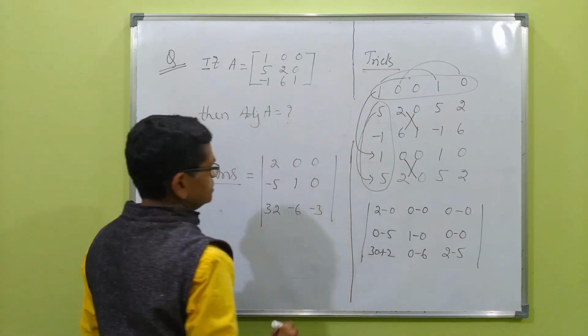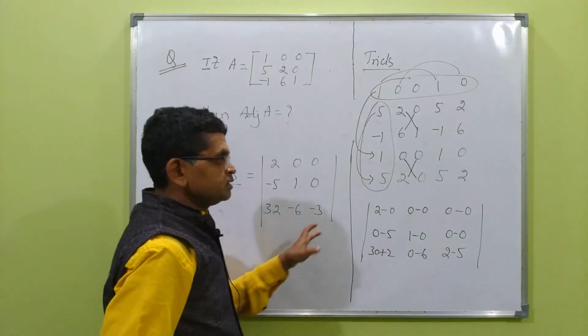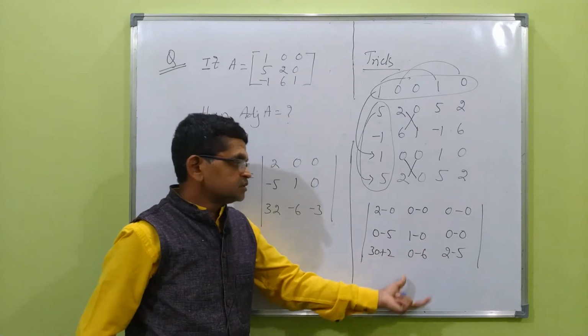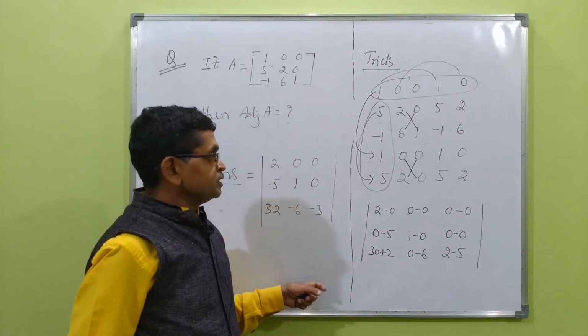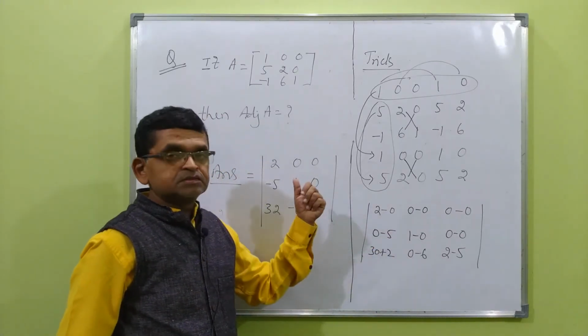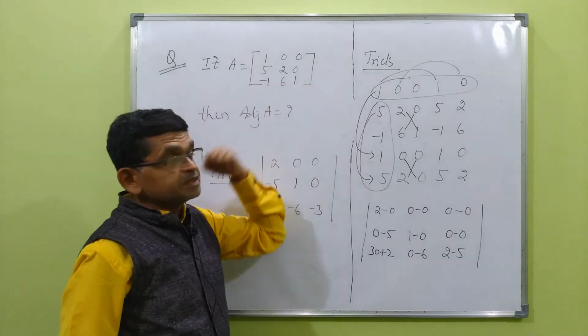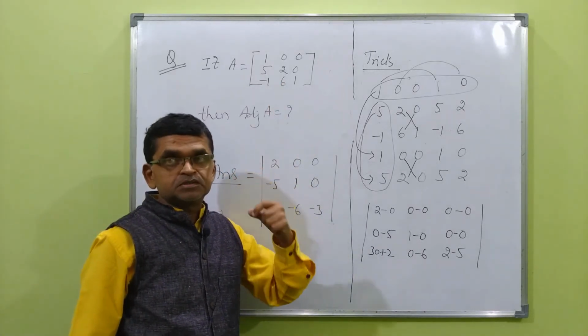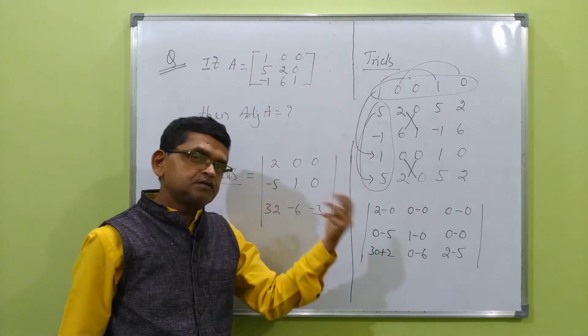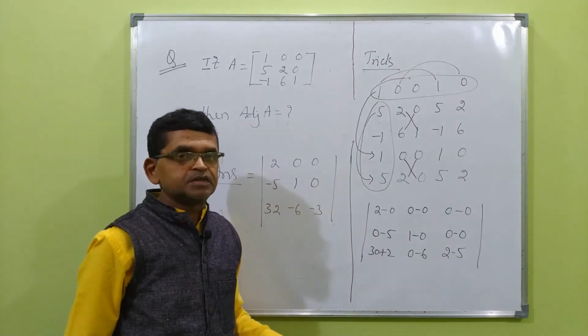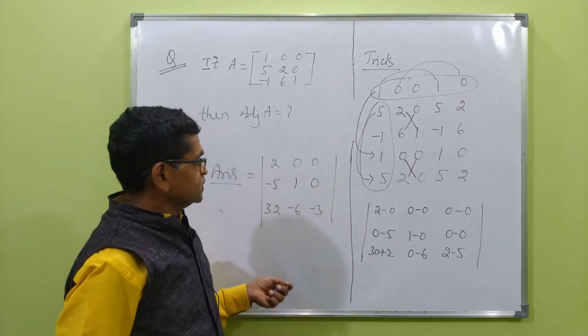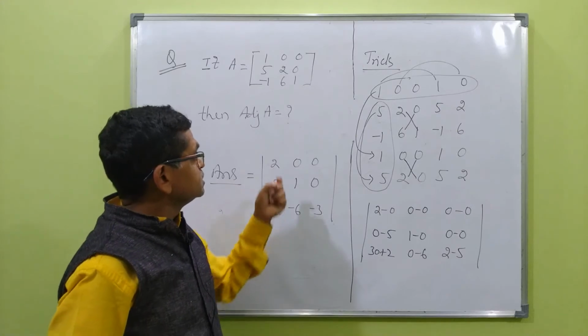You can verify this by the direct method also. It is also helpful while finding the inverse of a square matrix of order 3 into 3. You can apply this for higher order matrices also. So this is the required answer.